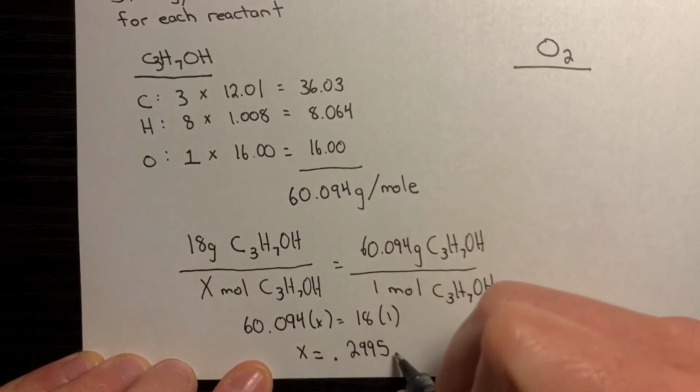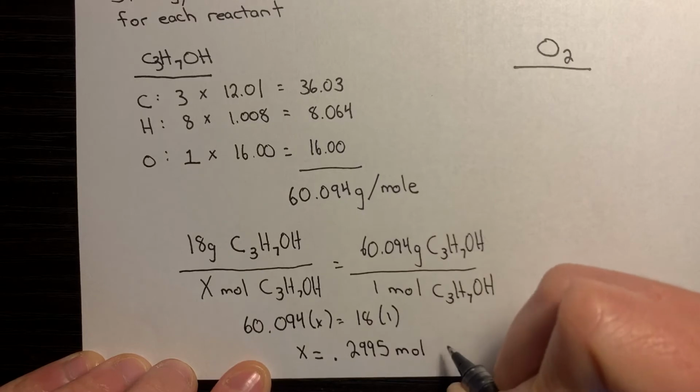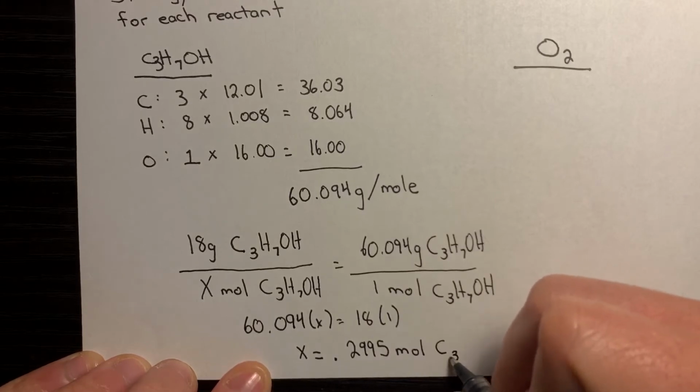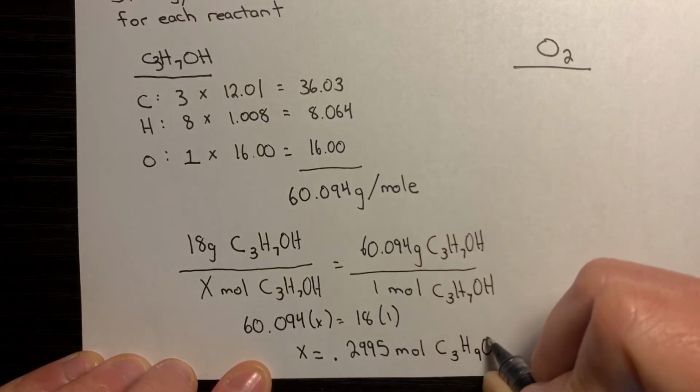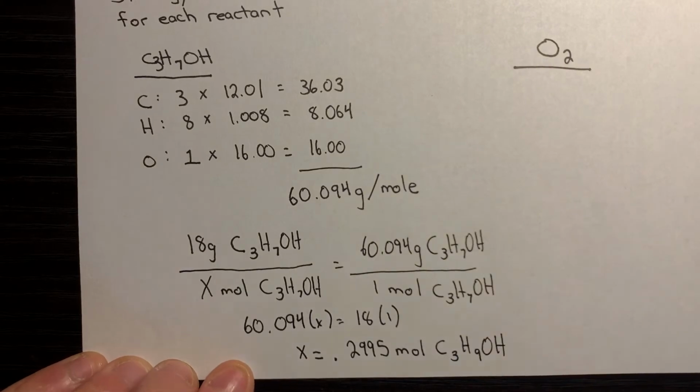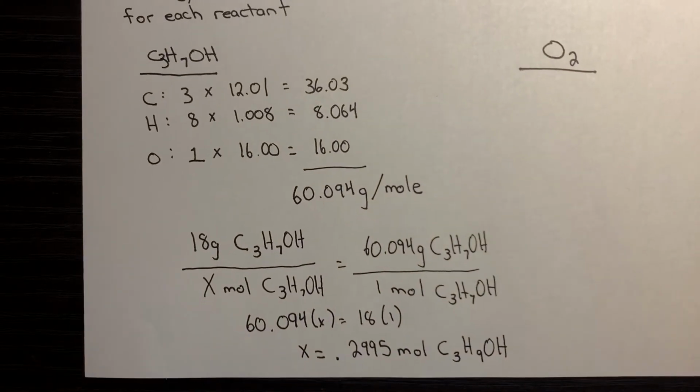And again, that is moles of the C3H7OH that I've solved for. Okay, so that's the first step, to take the grams provided, which again is how much, right? We would mass that out using a balance or scale in the back of the classroom, in our lab setting. But this is the actual quantity. This is indicative of essentially how many molecules are present, okay?